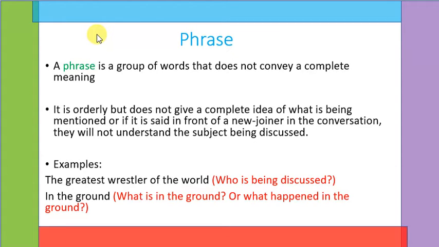It just says something, and if the person sitting next to them is already in the conversation with the other person, if they say such words and there's a whole context behind those words, that is called a phrase. Only that person will understand what is being talked about. A new joiner or a newcomer cannot understand what is actually happening.